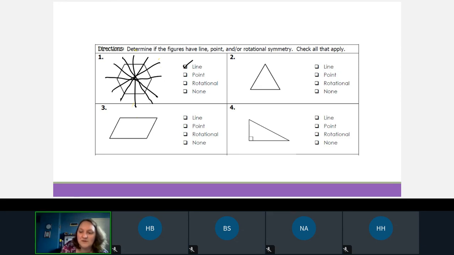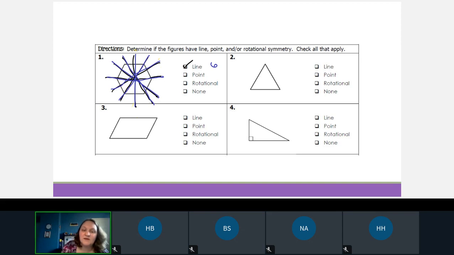Okay, I see one person saying 4, one person saying 6. Someone says 8, 10. All right, let's count them. 1 line of symmetry, 2, 3, 4, 5, 6 lines of symmetry. This has 6 lines of symmetry.